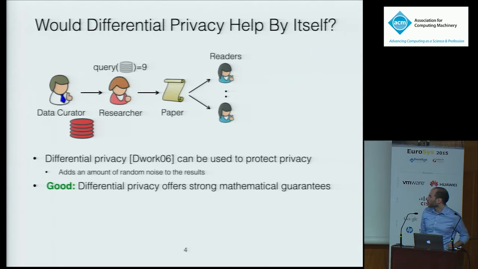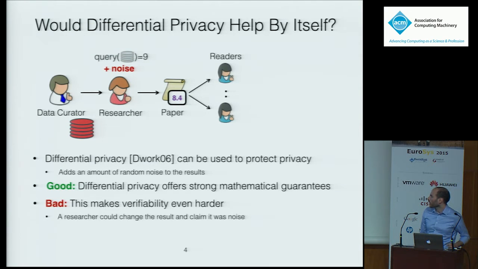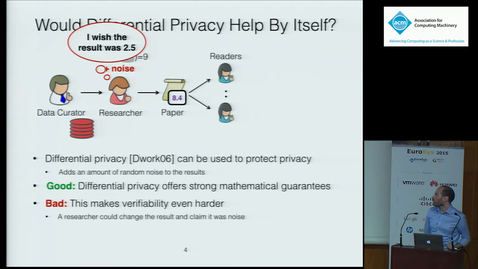Unfortunately, differential privacy makes verifiability even harder. And to understand that, consider the following example. Suppose that the researcher's hypothesis requires a specific value that would make their hypothesis valid. For example, the 2.5 bottles of wine that we saw before.